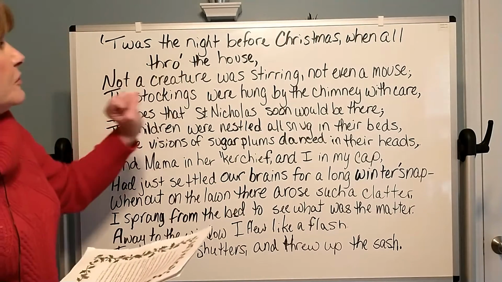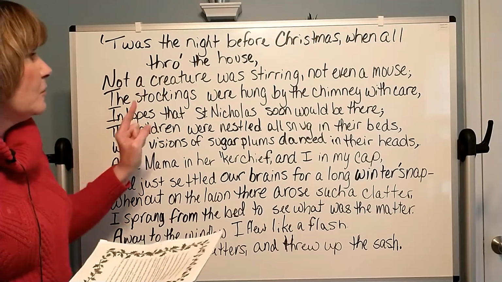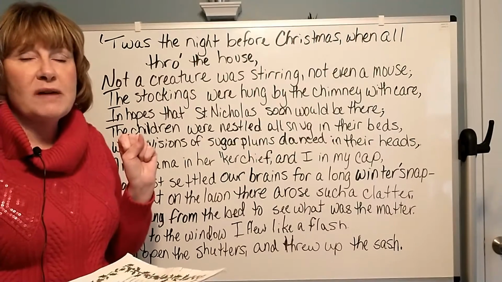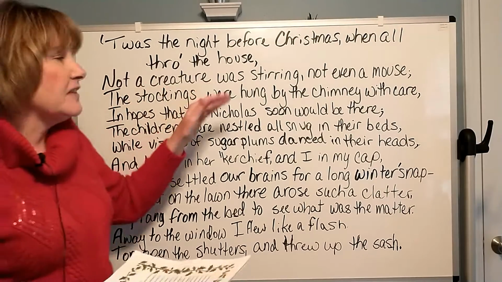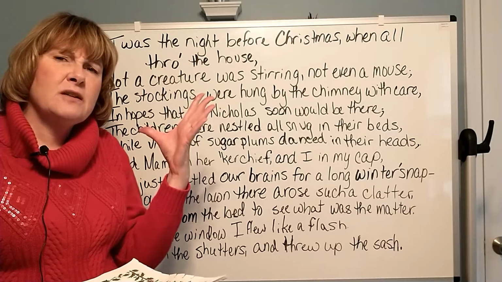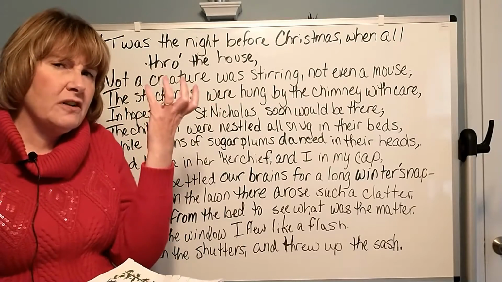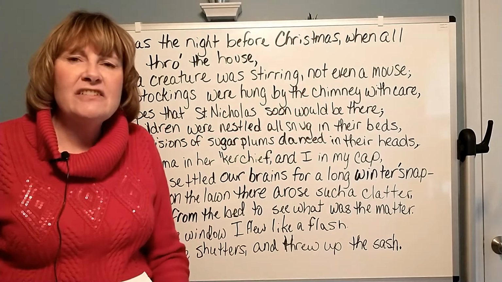'Twas the night before Christmas when all through the house not a creature was stirring, not even a mouse. So we have something here that tells us how quiet the house was. It gives us something to picture in our minds about how quiet the house was. And it's saying not even a mouse.